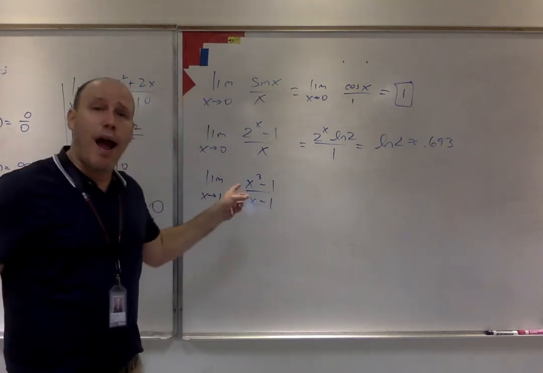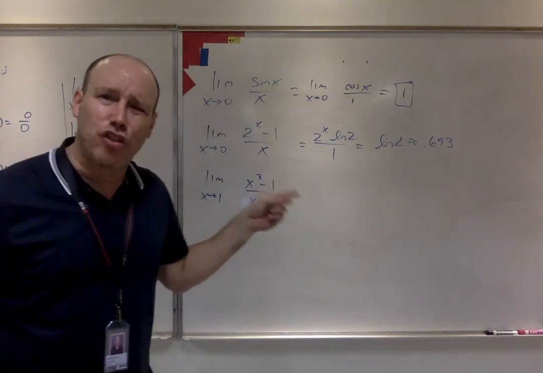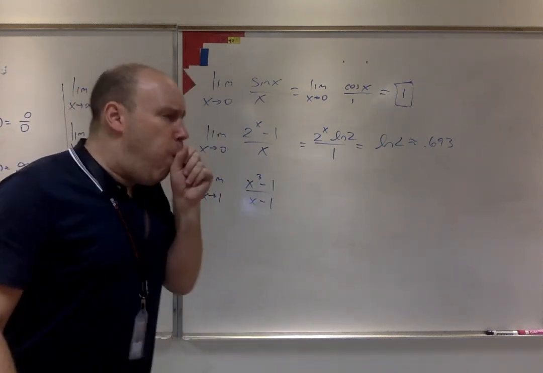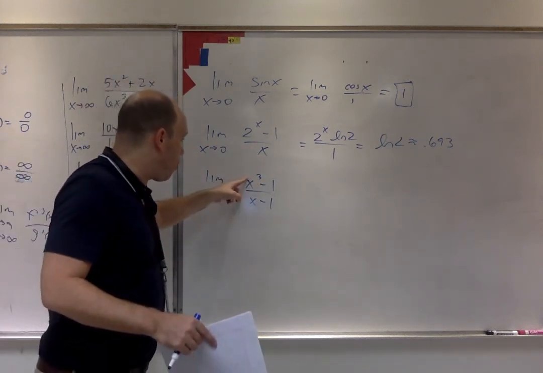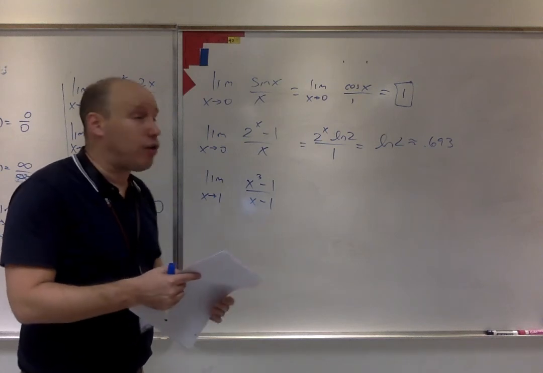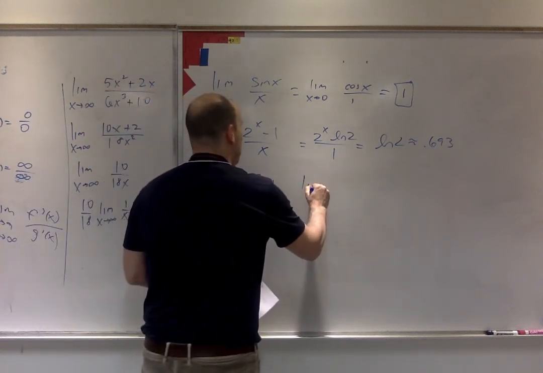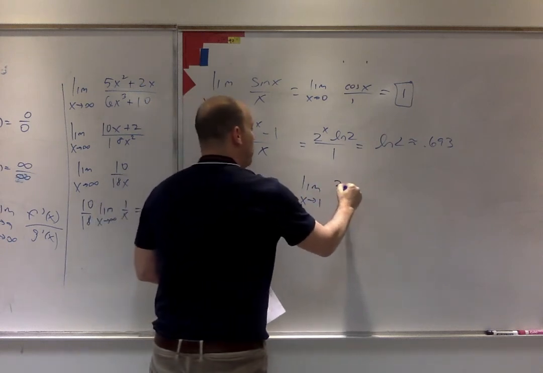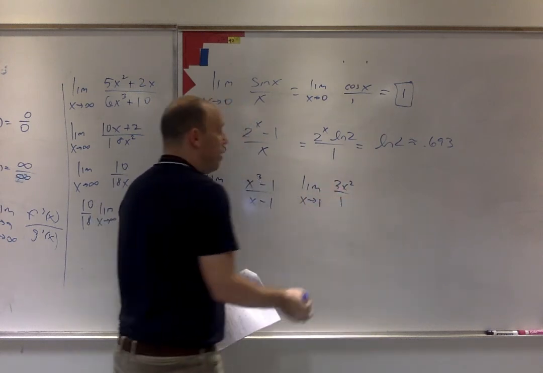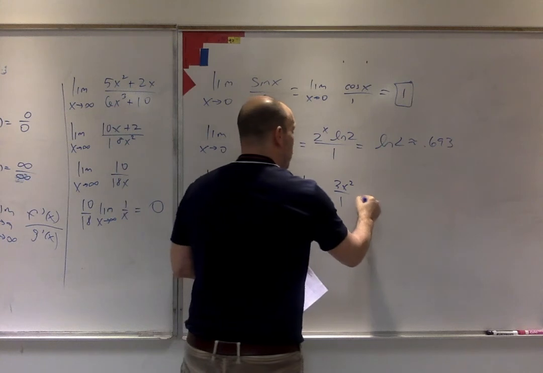Oh, Mr. Adler, should I factor x cubed minus 1 and then cancel out the x minus 1? No, because it's 0 over 0. L'Hopital's rule. This is equal to the limit as x approaches 1 of what? 3x squared over 1. When I plug the 1 in there, what's the answer? 3.